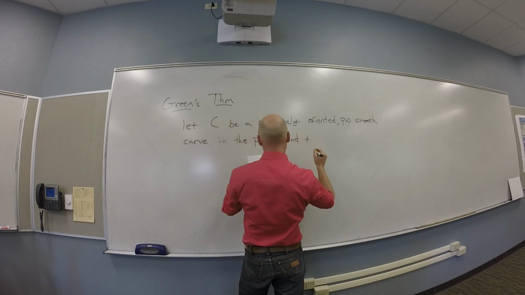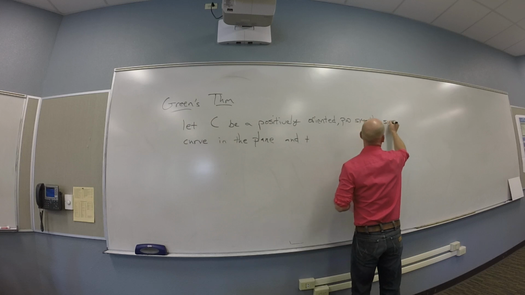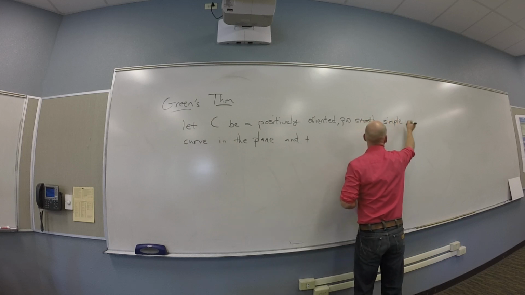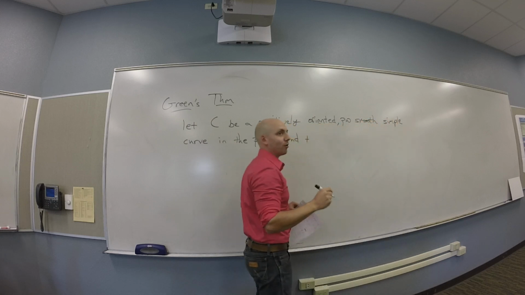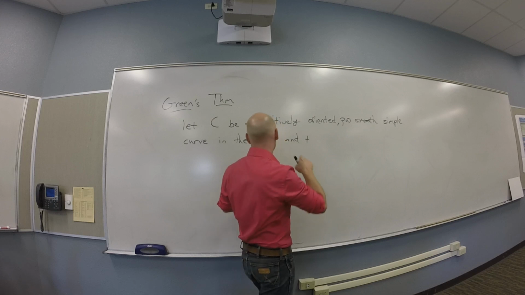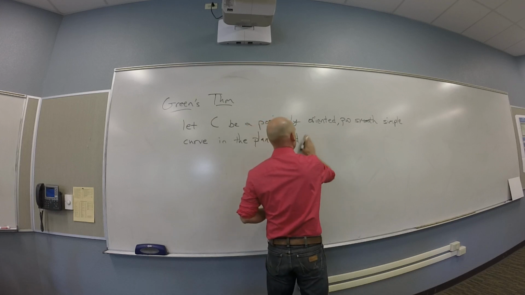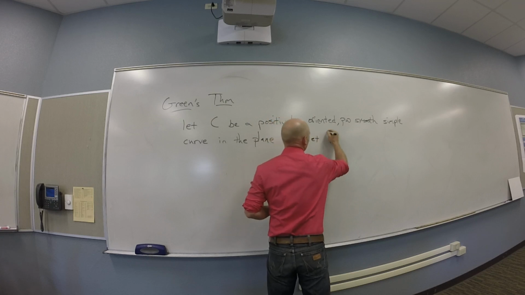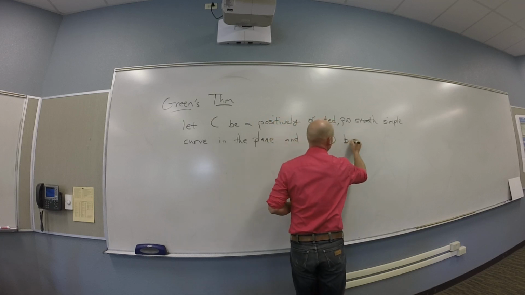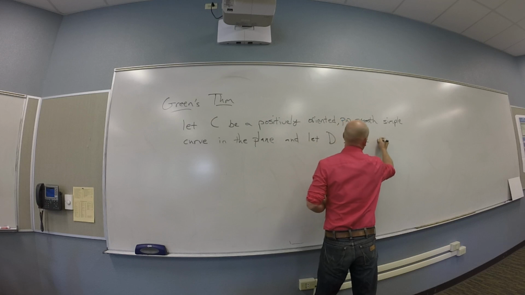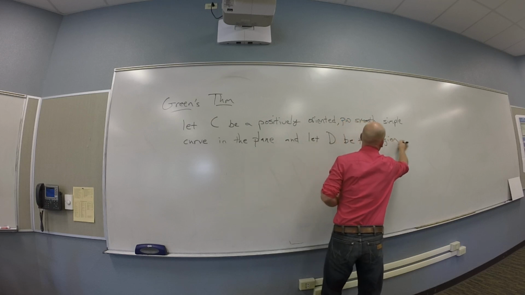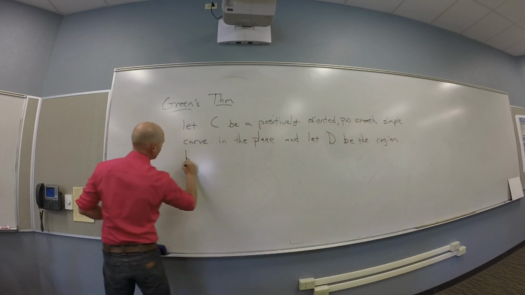Sorry. We need a piecewise smooth, simple curve. I know a lot of these words don't mean anything yet. We'll get there. In the plane, and let D be the region bounded by C.